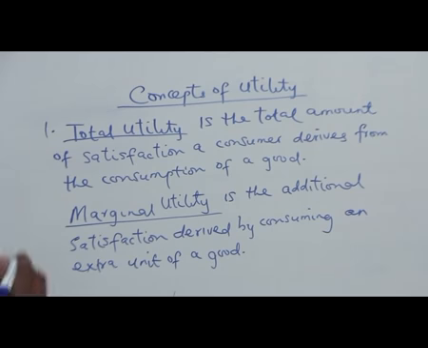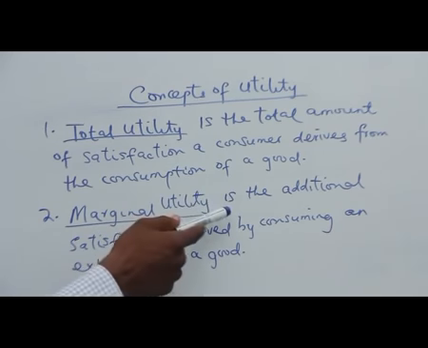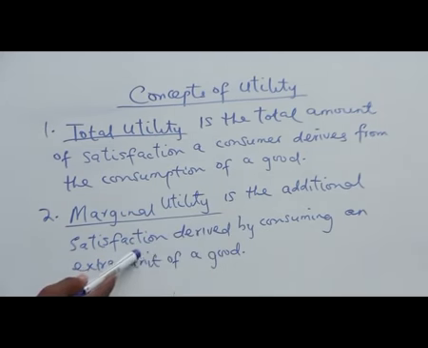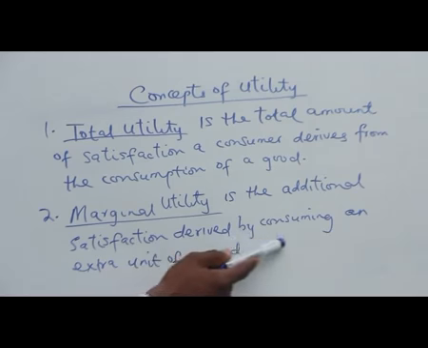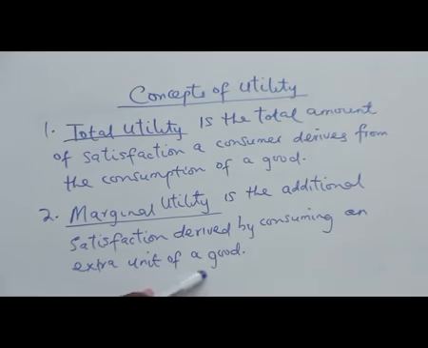The second one, marginal utility, is the additional satisfaction derived by consuming an extra unit of a good. Now, when we say extra unit, take for instance, somebody is in need of water.